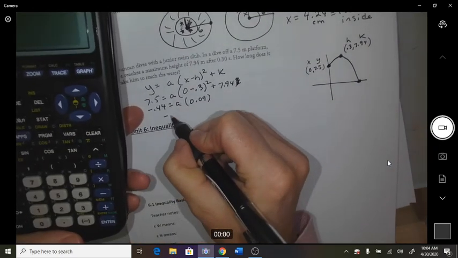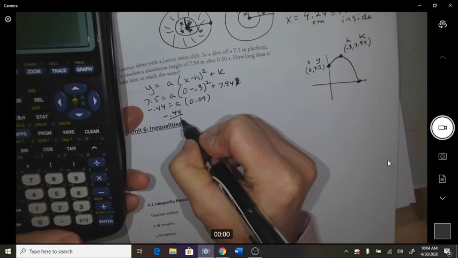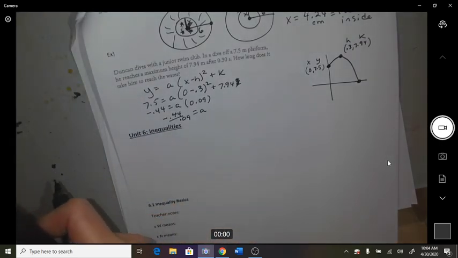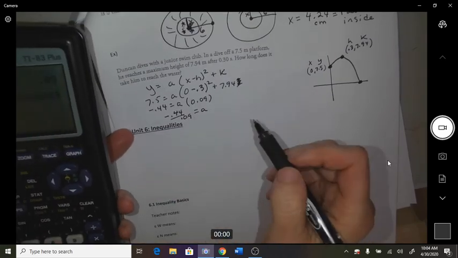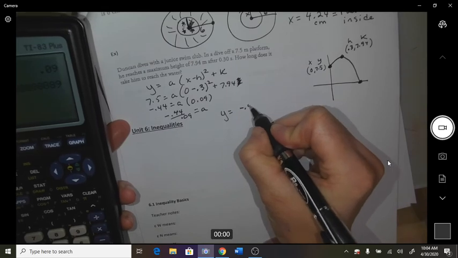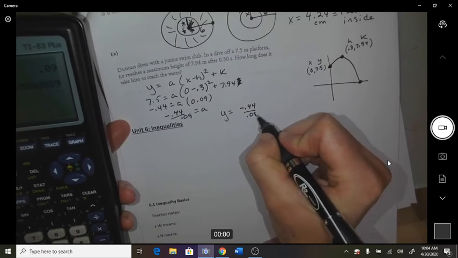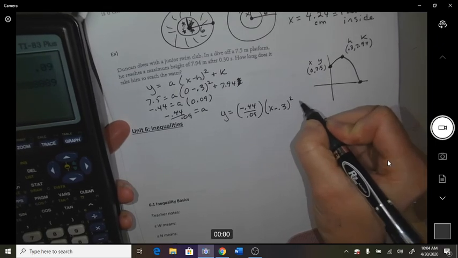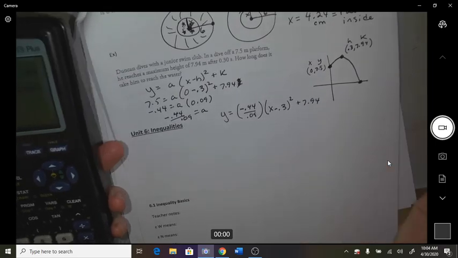So negative 0.44 divided by 0.09 equals the a. Not sure if that comes out so nice. It doesn't, so we're just going to leave it as that fraction then. So y equals negative 0.44 divided by 0.09, x minus 0.3 squared plus 7.94.